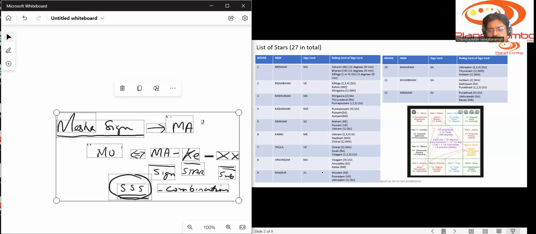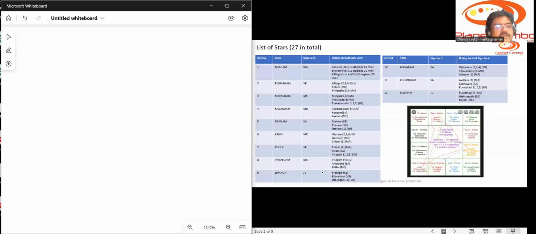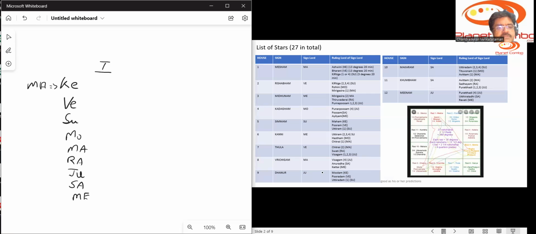The way the list of stars is done is that the first nakshatra, or constellation, in the zodiac circle belongs to Ketu, which is in the Mars sign, the Mesha Rasi. Then the sequence, as we saw in the Dasa sequence in the previous slides: after Ketu, it is Venus, then Sun, then Moon, then Mars, then Rahu, then Jupiter, then Saturn, Mercury, and cyclically it goes back to Ketu.